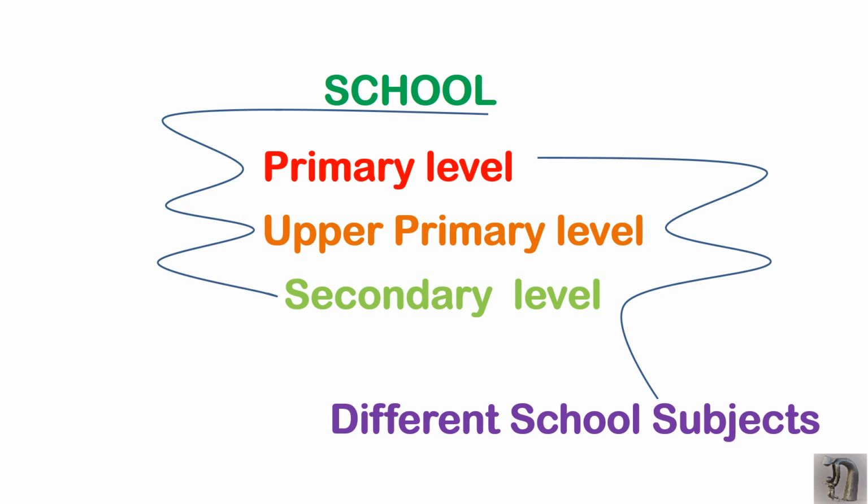I'm not going to explain secondary level because it's quite similar once you understand upper primary level. So once you understand, automatically you can select the subject and do your adaptation, modification, and accommodation.